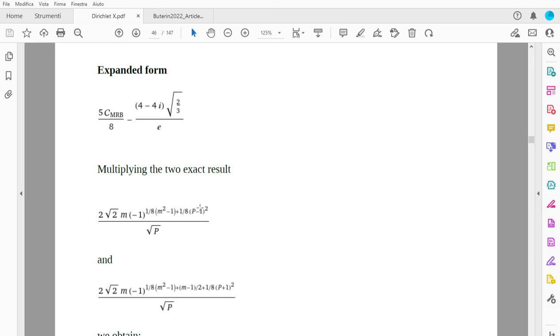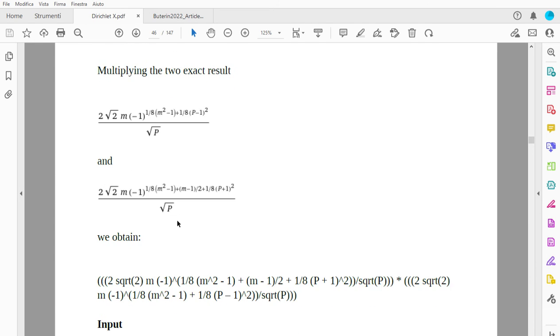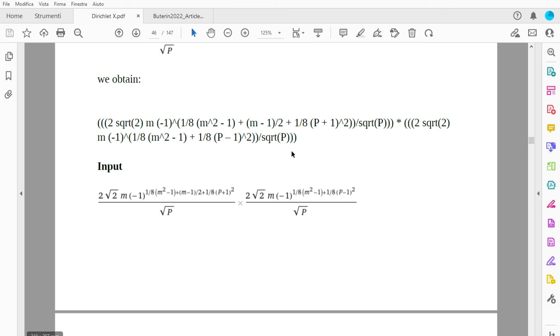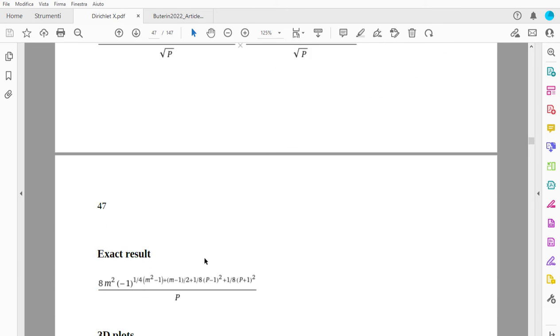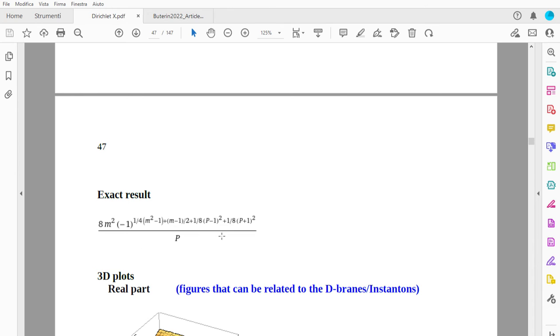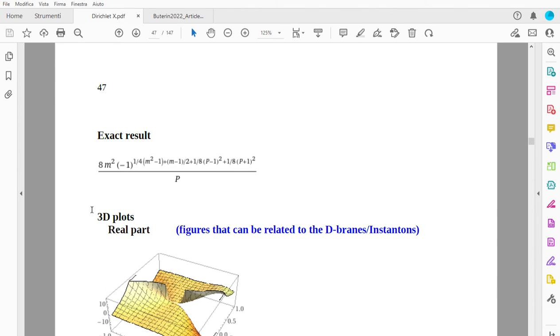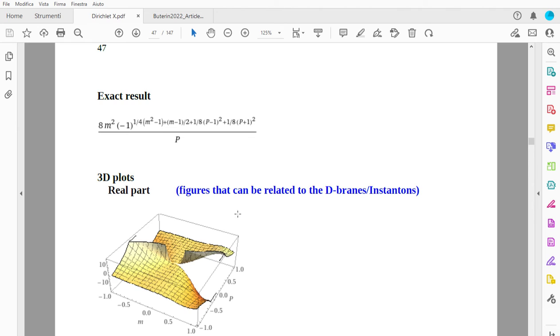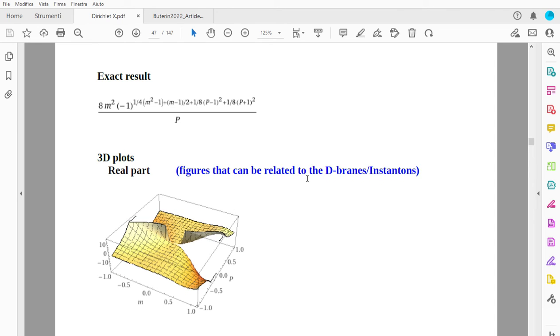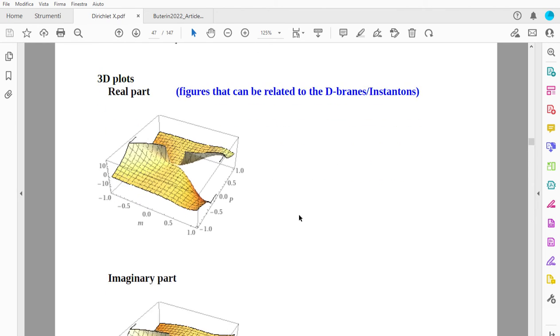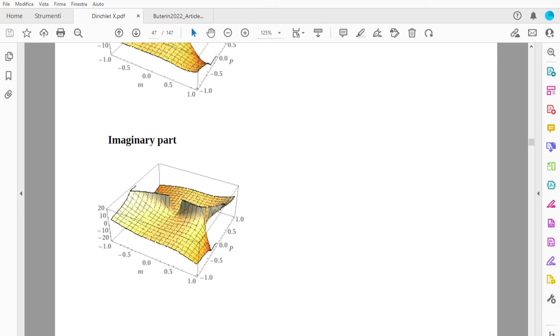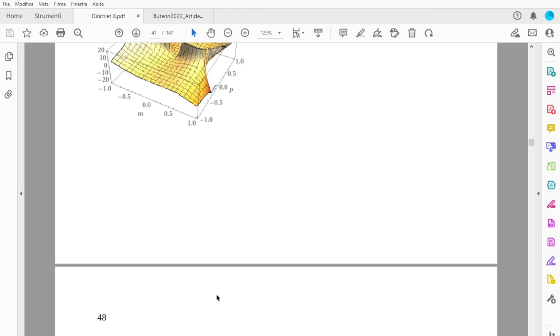Now, multiplying the two exact results, the first and second, we obtain, this is the input of the data, this exact result. The three-dimensional plots, then the figures that can be related to the different instantons: the first plot is the real part, the second plot represents the imaginary part.